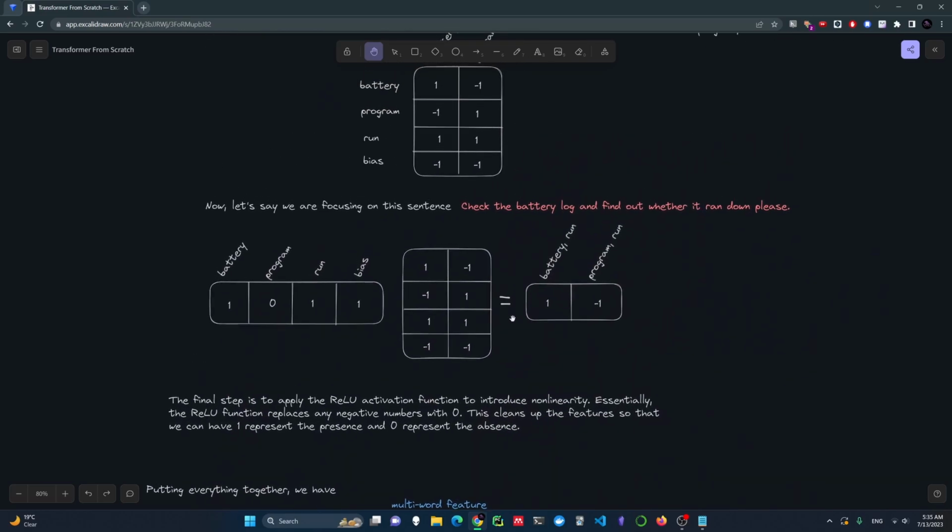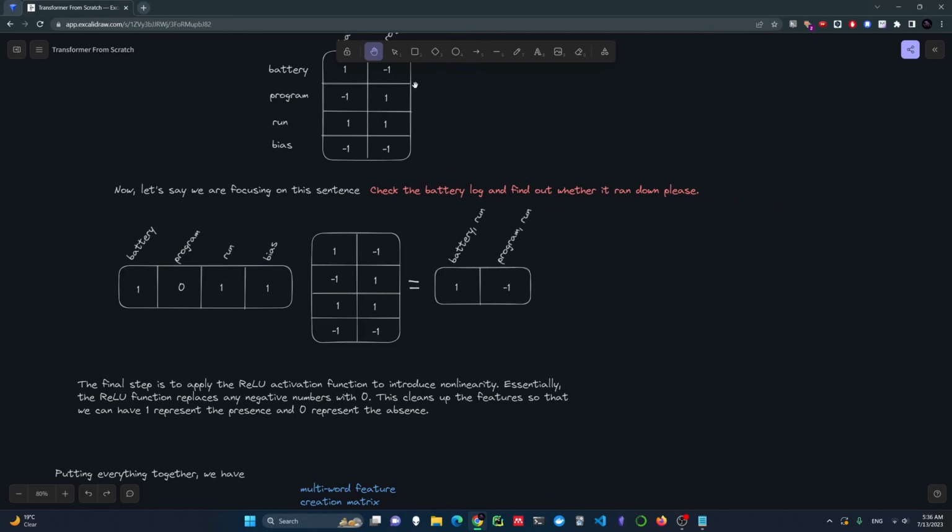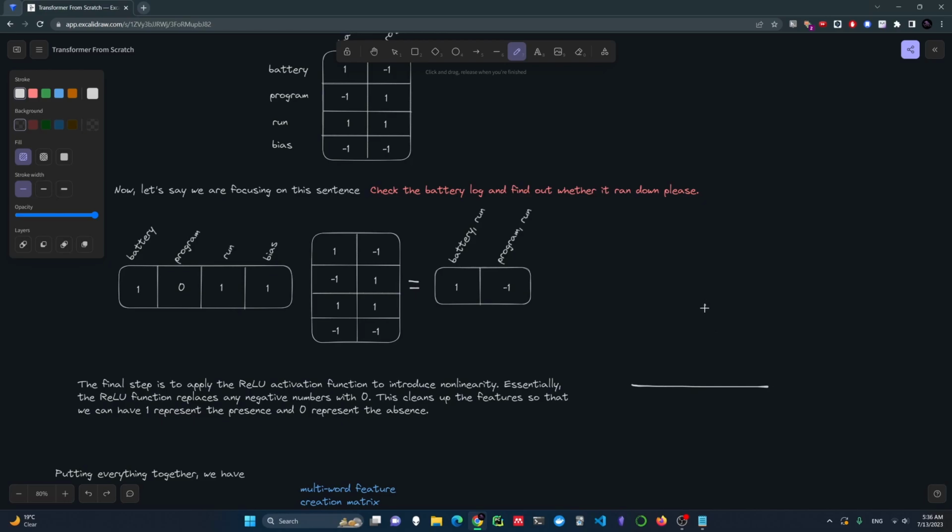And now the final step is to apply the ReLU activation function to introduce nonlinearity. The ReLU activation function is very simple. It essentially replaces any negative numbers with 0. Let me try to graph it real quick. The function looks something like this, where that's a line.